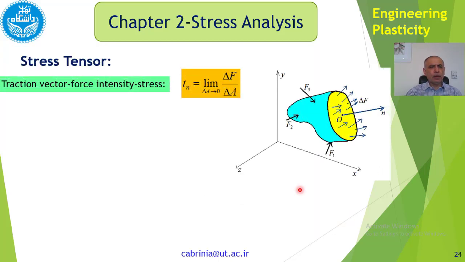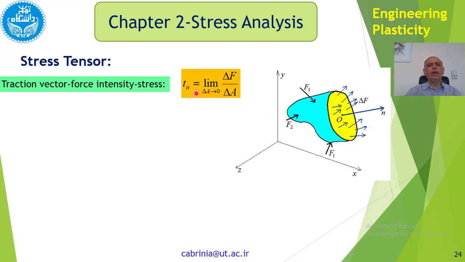Let's see what the stress tensor is. Well, we showed before the traction vector or the force intensity or the stress. Force intensity, what does it mean? It means how intense the force is on an area.